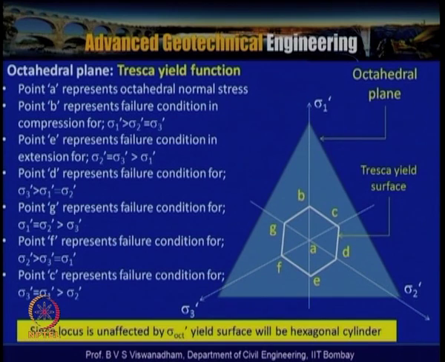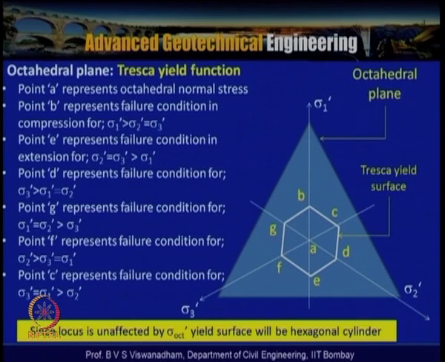The Tresca yield surface on the octahedral plane is represented by B, C, D, E, F, G as shown here. It is very similar to the Mohr-Coulomb failure surface. A is the point through which the hydrostatic axis passes, where sigma 1 equals sigma 2 equals sigma 3. So A represents the octahedral normal stress.